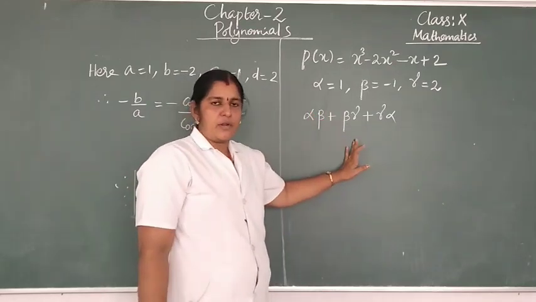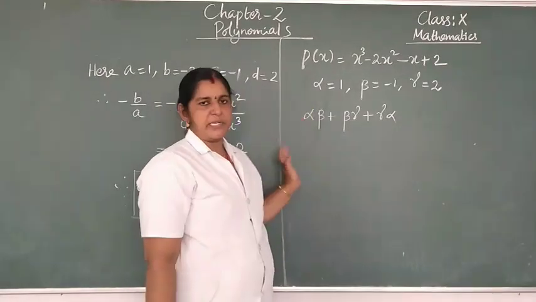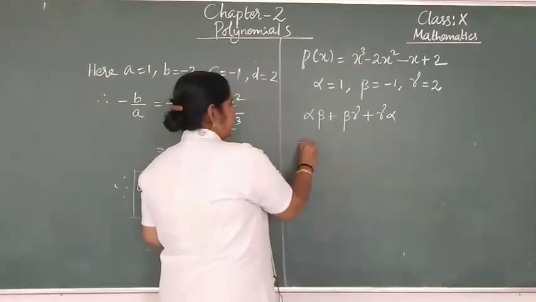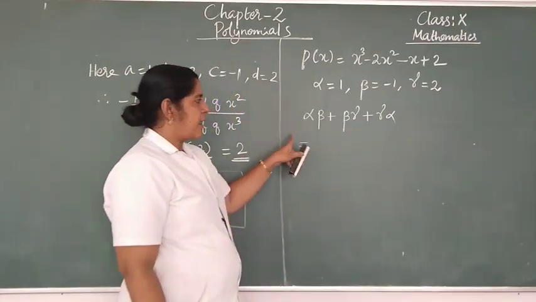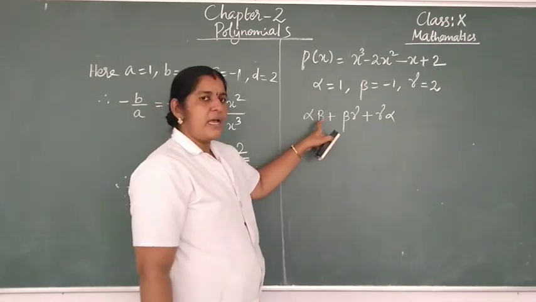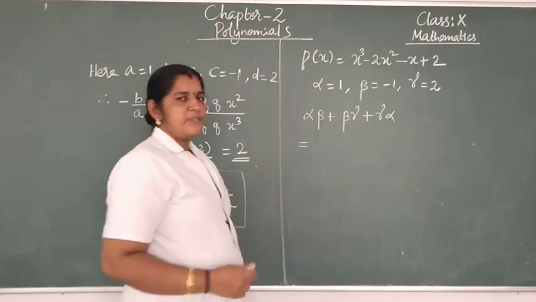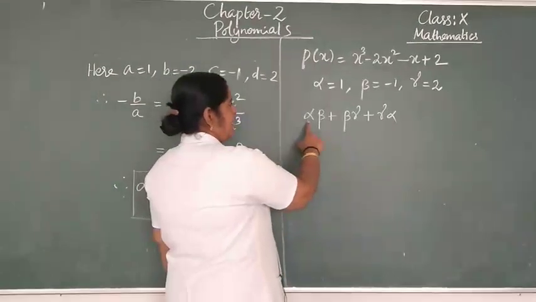So let us check what is the answer for this expression. Okay. So we need to put the values of alpha, beta, gamma here. So this is the meaning, sum of the product of the zeros taken two at a time. Yes. So let us find the answer. What is alpha? 1.